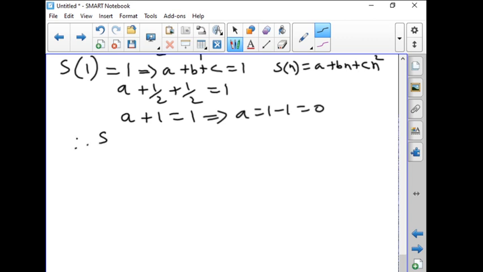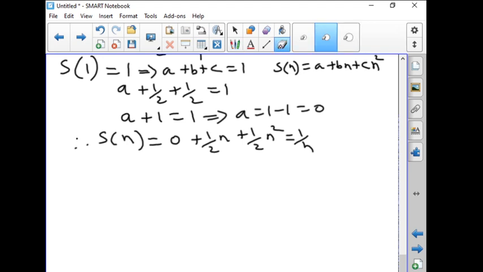Therefore, what is s of n? S of n is equal to a plus, a is 0, plus 1 by 2n plus 1 by 2n square. So from this we can take n out, 1 by 2n, take it out. Take 1 by 2n outside. Then what comes? 1 plus n comes.